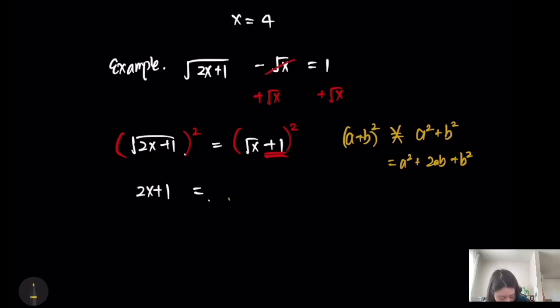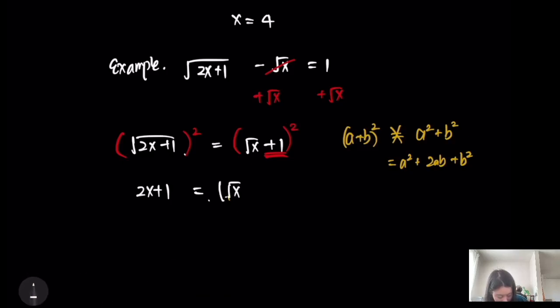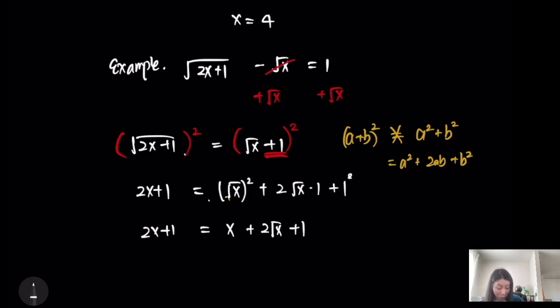So for this one, I will have square root of x squared plus 2 times square root of x times 1 plus 1 squared. So simplifying, I have 2x plus 1 equals x plus 2 square root of x plus 1. This looks complicated, but it's not. What we're going to do is repeat what we did earlier.